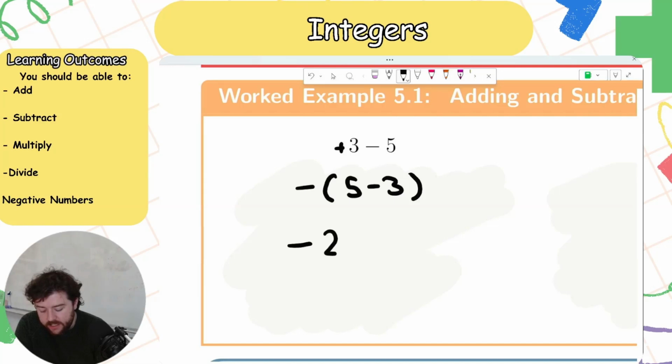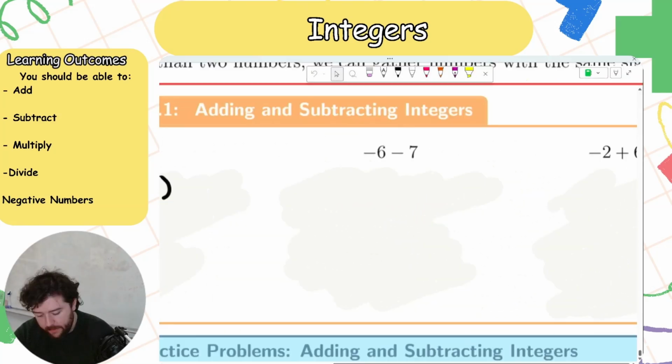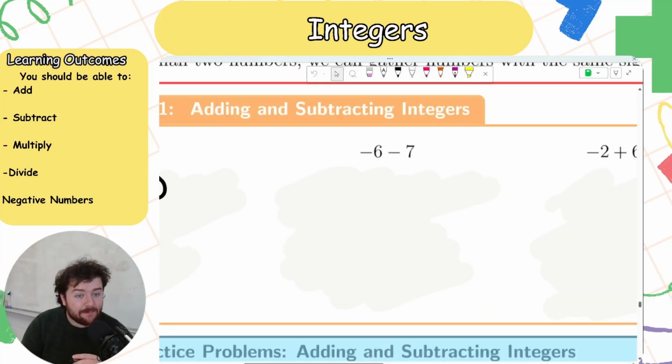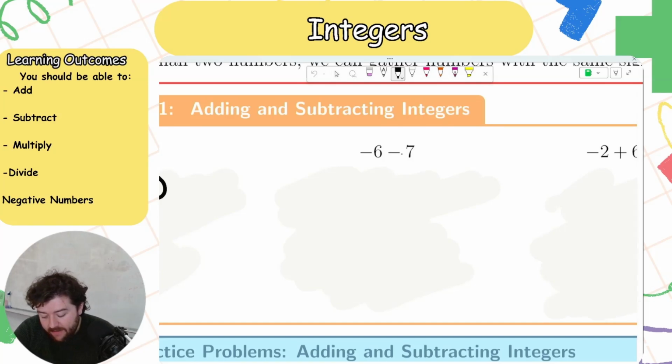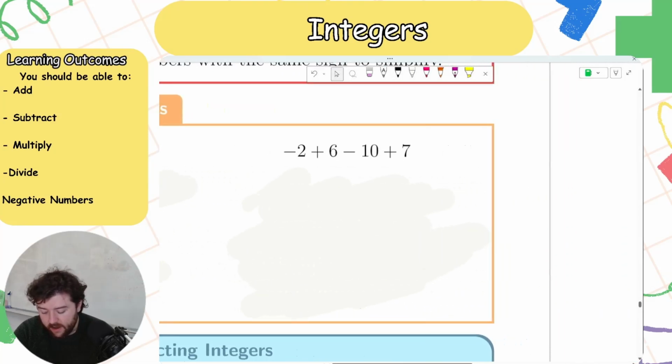Let's have a look at this one: minus 6 minus 7. So what do we do here? They have the same sign, so add the 6 and 7 together and keep the sign. So minus 6 minus 7 is minus 13.